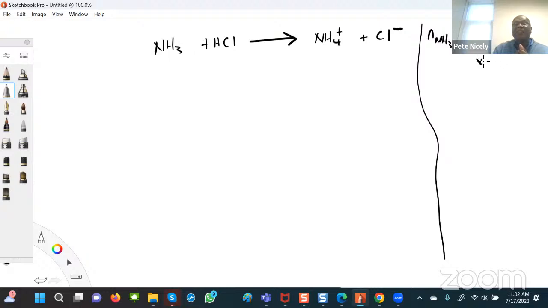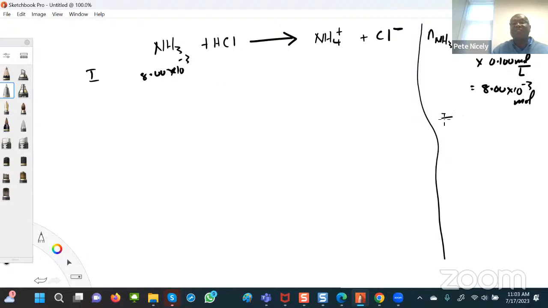And then we multiply that by the molarity, which is 0.100 moles per liter. And when I do that, I'm going to end up with 8.00 times 10 to the minus 3 moles. So initially, that's the amount of ammonia that will be present, 8.00 times 10 to the minus 3.